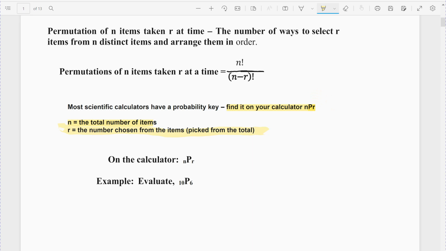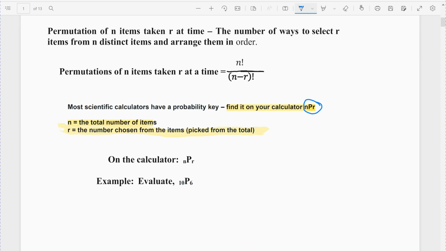And again, it's nPr. Depending on how new or old your calculator is, you may have to type in n first, then select the permutations key, and then type in r. Or you can use the formula if you know the factorials. So nPr should be located on almost every type of scientific calculator out there. You just have to know how to find it.